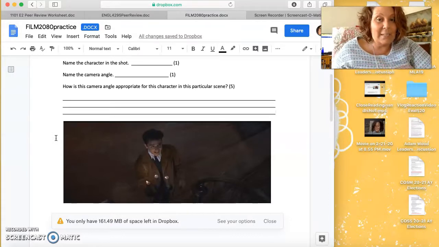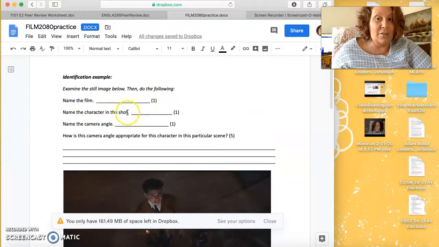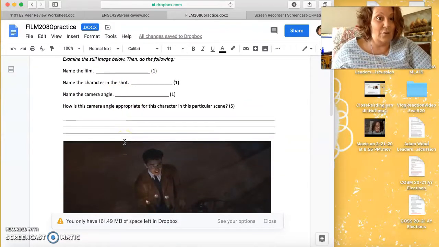And to do that, I was asking them here to put together the plot of this particular film as well as the technique. And what that shows me is that they understand how to apply the technique in context. And so I have some basic comprehension, and then I move into evaluation.